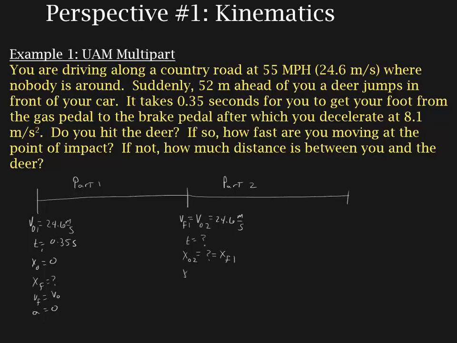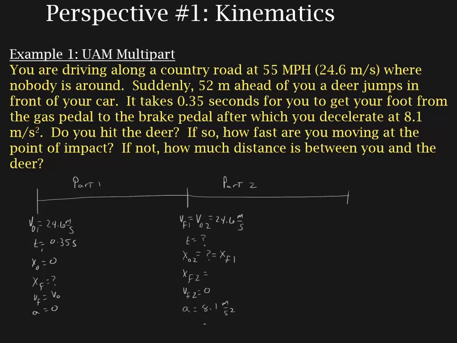Then X final of part 2 is an unknown quantity, and I'm not going to put anything there yet. I need to talk to you about that in a second. Then we have V final of part 2. That's going to be 0 because the car is going to come to rest, presumably, hopefully, before it gets to the deer. And then the acceleration was given as 8.1 meters per second squared.